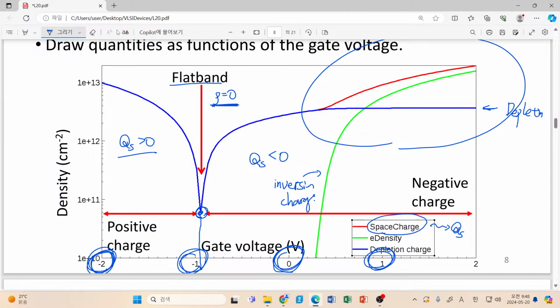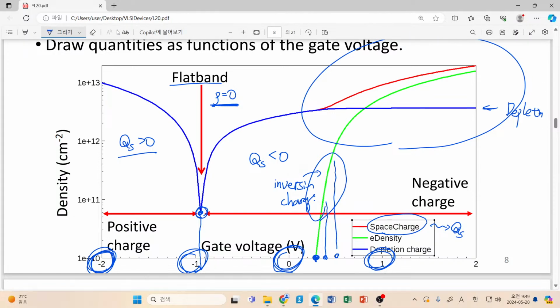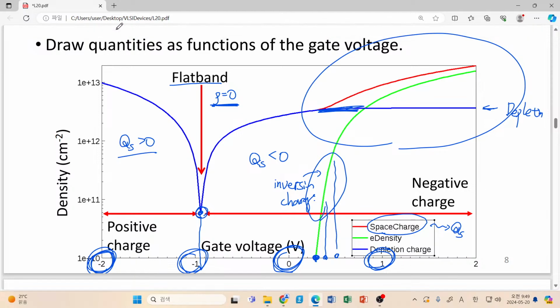When you have a look at, for example, about 0.3 volt, it has a really small number, and if we go to 0.4, it has a higher number. At 0.5, we have an even higher number. However, in this case, the contribution of electrons is far below our depletion layer, so we can completely neglect the electronic contribution.